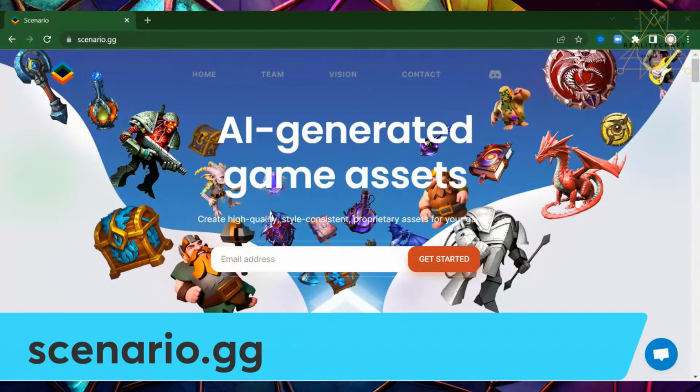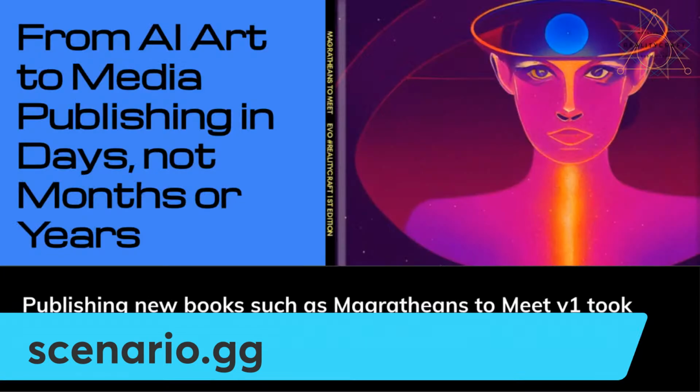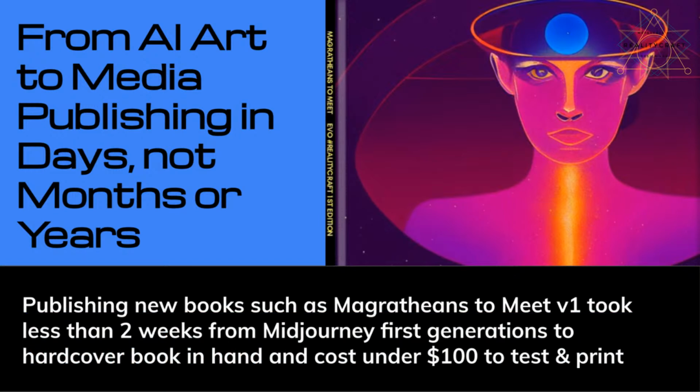So I want to leave some time to really talk about what that looks like, and then how creators are combining that with tools like ChatGPT, for example. So when we're exploring Promptcraft, and I'm going to bring up Scenario in another window, but I want to take a moment to really talk about the process of a workflow.